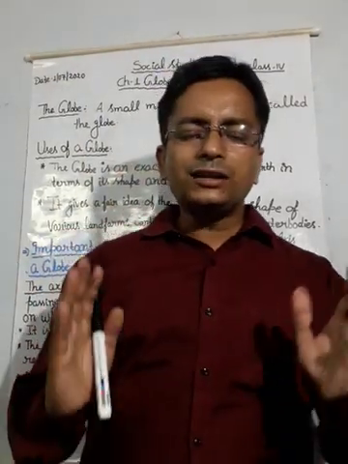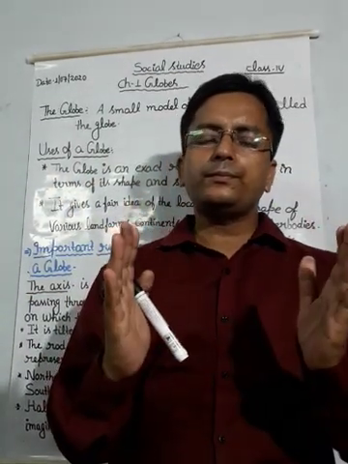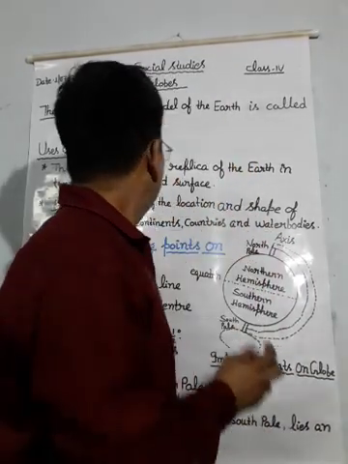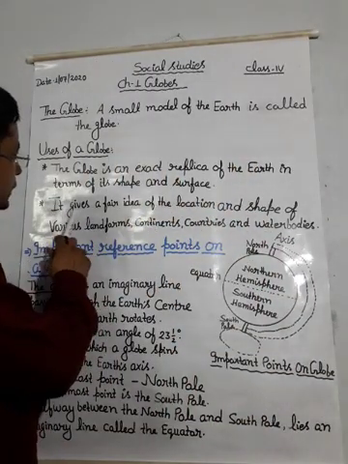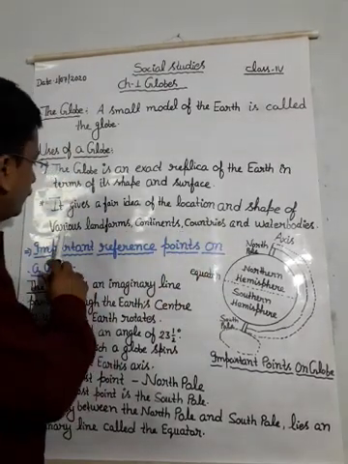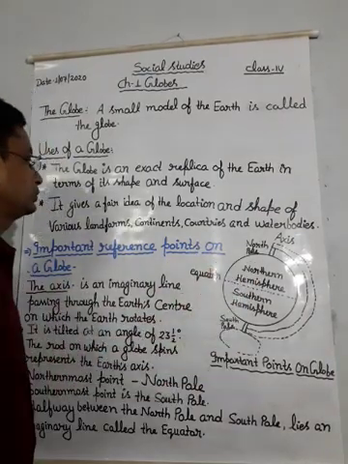Dear student, as we know the earth is round in shape, in the same shape the globe is. So we can say it gives a fair idea of the location and shape of various landforms, continents, countries and water bodies.